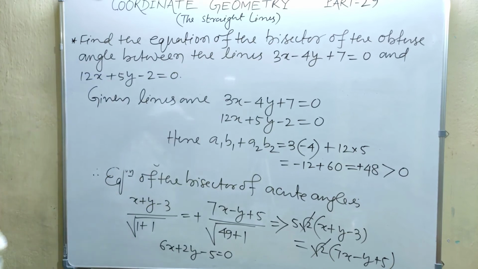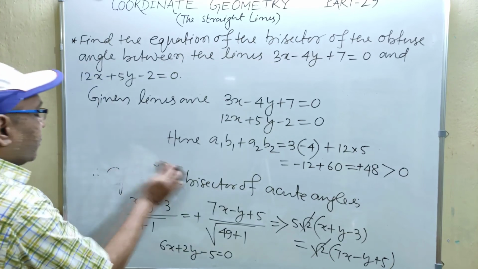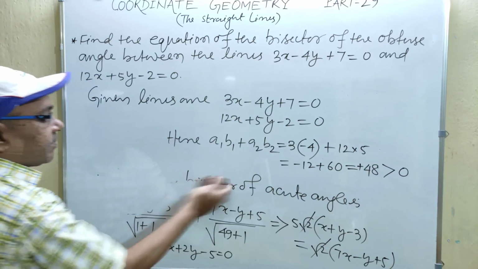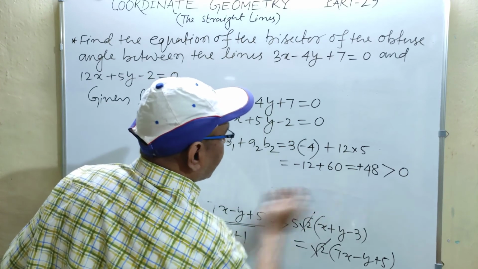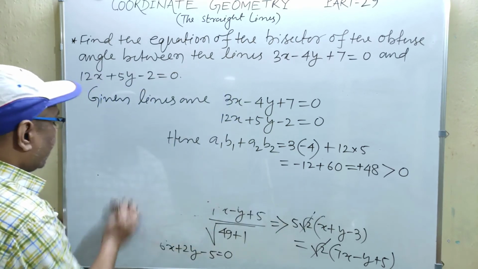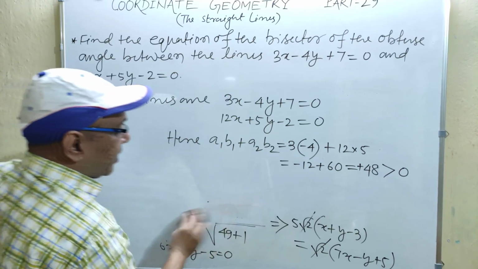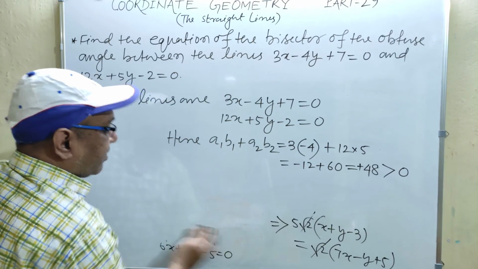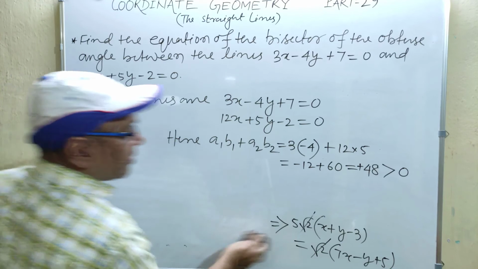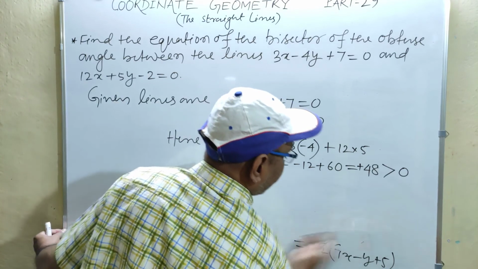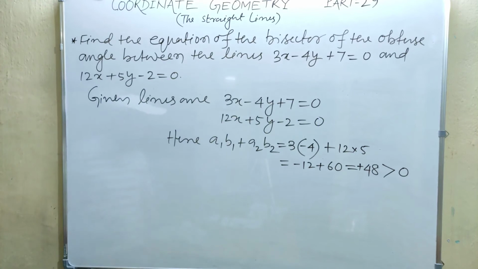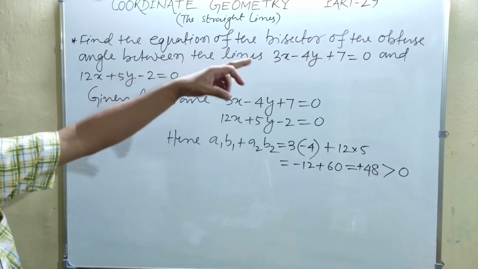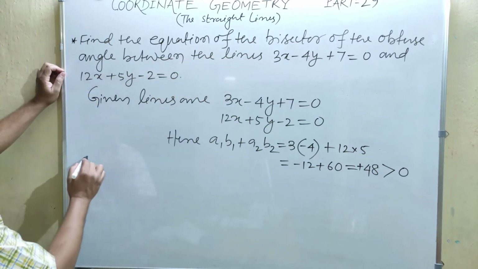If a1 b1 plus a2 b2 comes positive, then the plus sign will give you the bisector of the obtuse angle and minus will be the bisector of the acute angle. This we already read. So what will be the equation of the bisector of the obtuse angle?